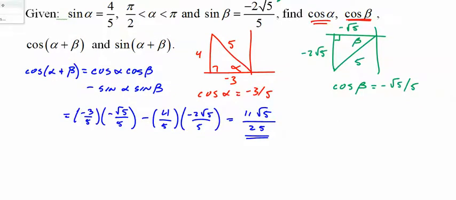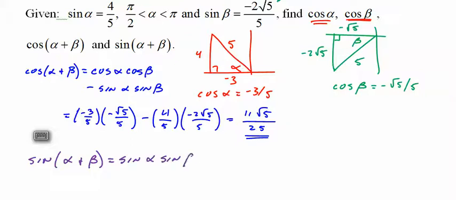Running out of space here. What else is new? Sine of alpha plus beta: sine of alpha, sine of beta plus, no, that's wrong, cosine alpha cosine beta.